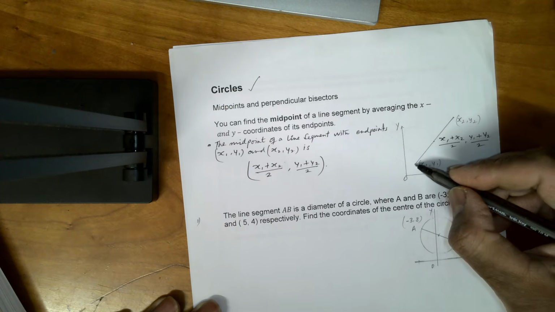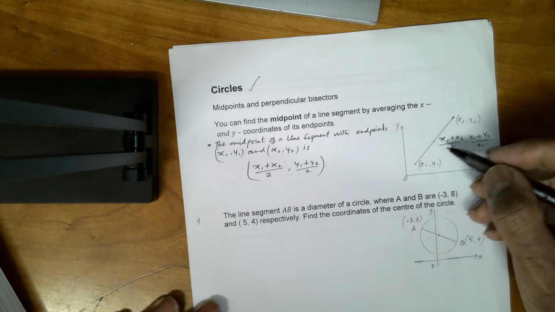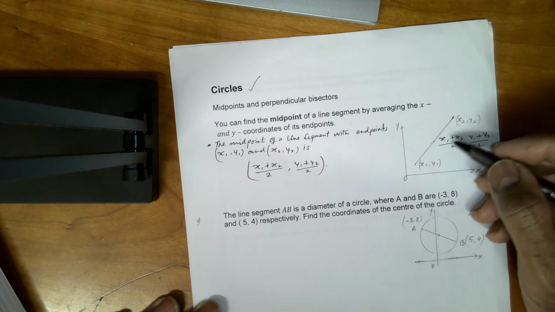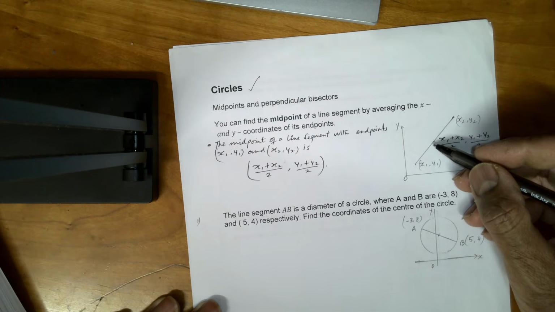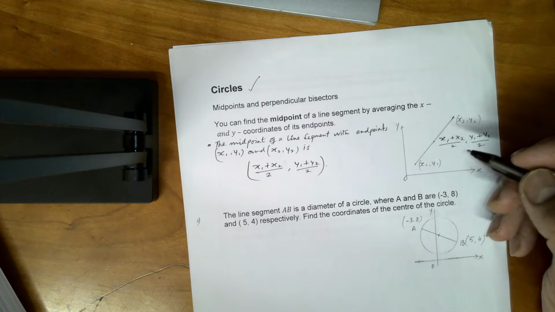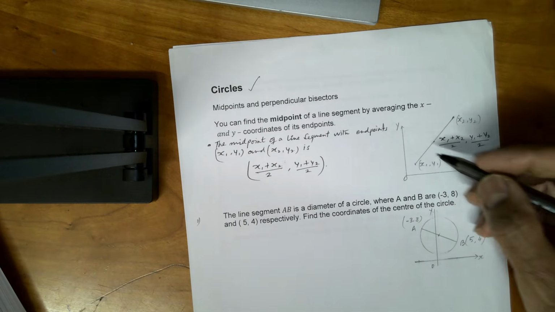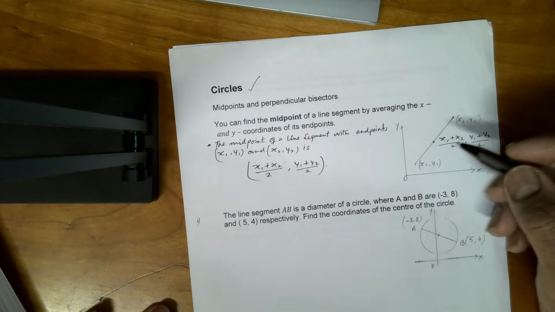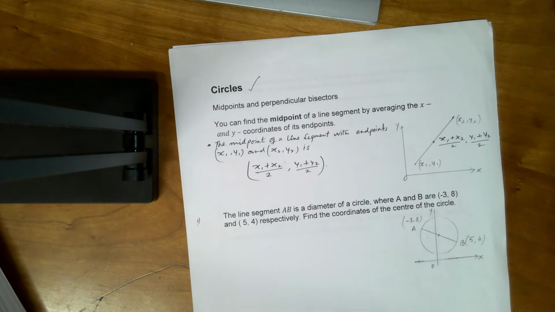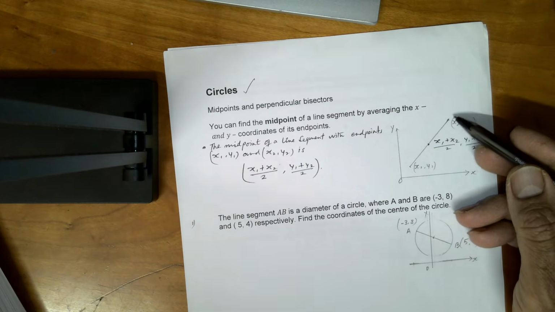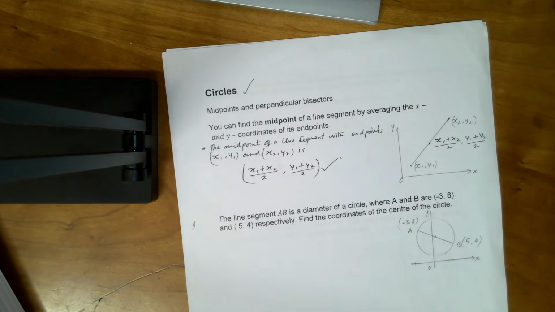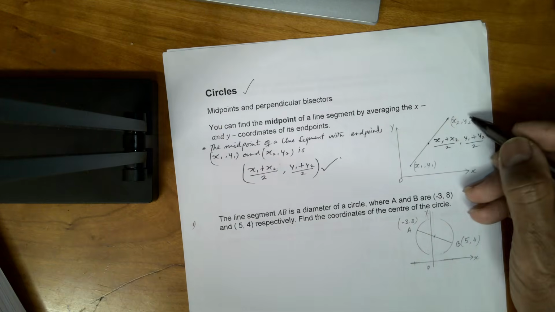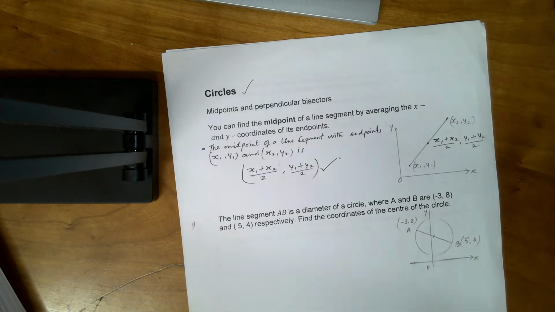What we are really trying to do here is that two points have been given to us, and we just halve that. Whatever the length of this line, finding the midpoint means we are going halfway by dividing by 2. So the midpoint of the line segment with these endpoints is x1 plus x2 divided by 2, and y1 plus y2 divided by 2.